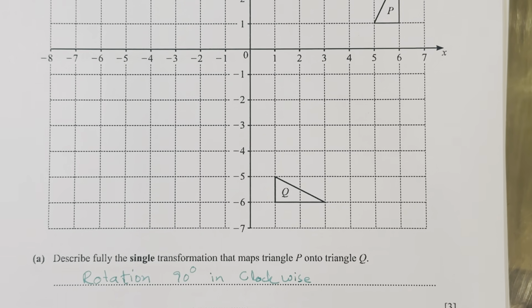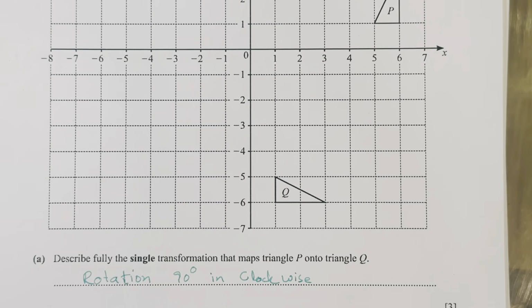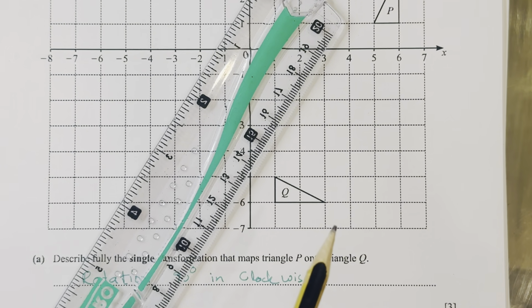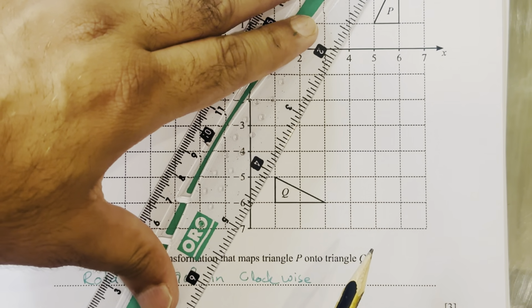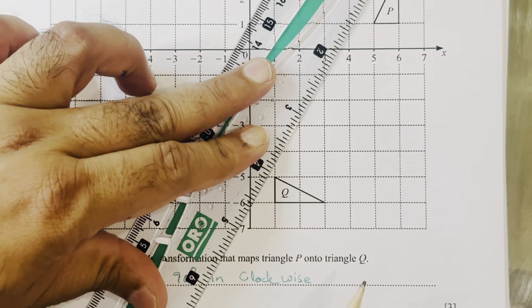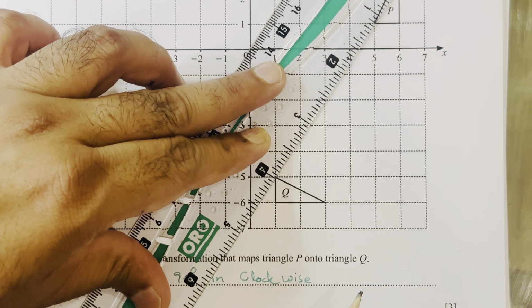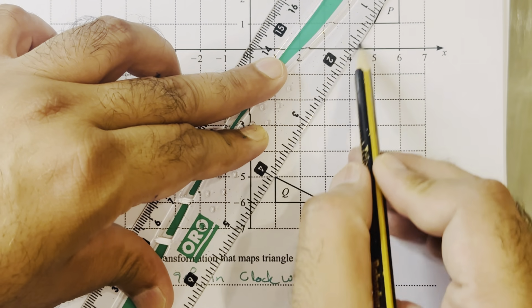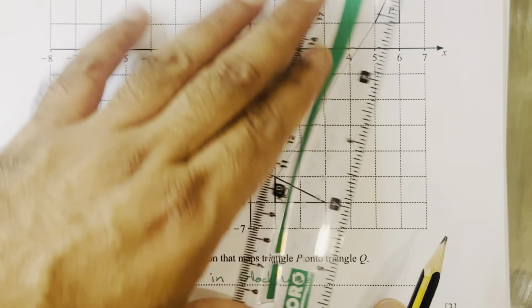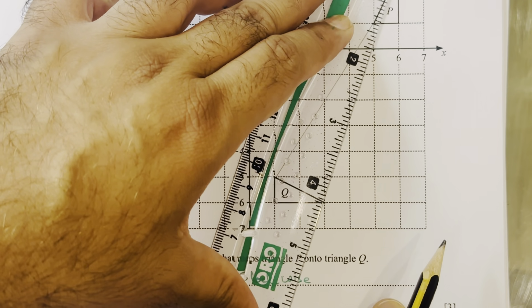Now we need to find the center about which they are rotating. So we're gonna plot here like that. We're gonna join these lines. First we need to draw P with the Q. Now we need to join these lines as well.